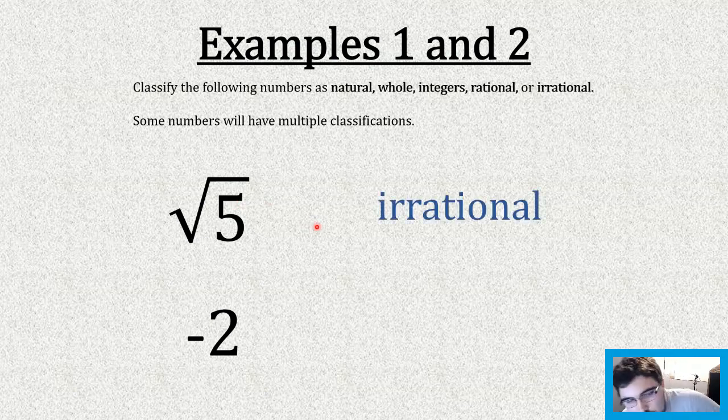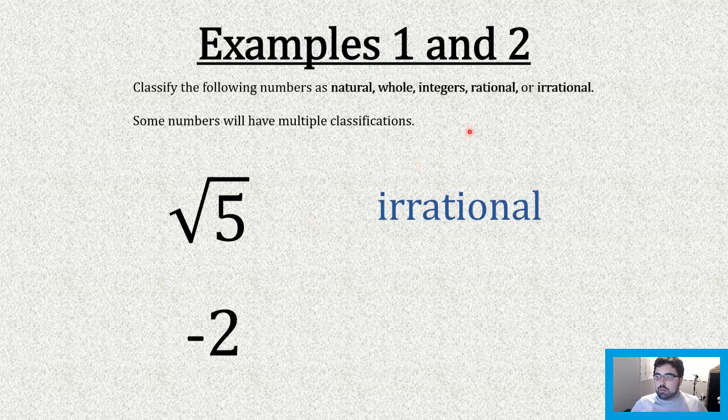-2, a little easier to think about. And in my brain, I'm going, well, it's not natural because it's not a counting number. If I'm a baby, I don't learn my negative numbers first. I learn 1, 2, 3, 4. It's not a whole number because whole numbers just add 0. Is it an integer? Yeah, because integers are where we introduce negative numbers. Is it more than that?